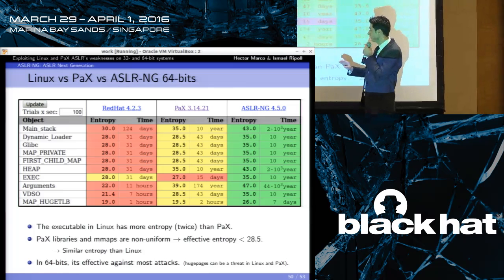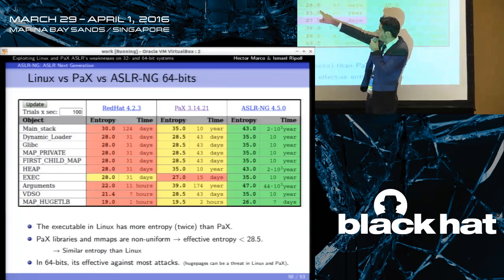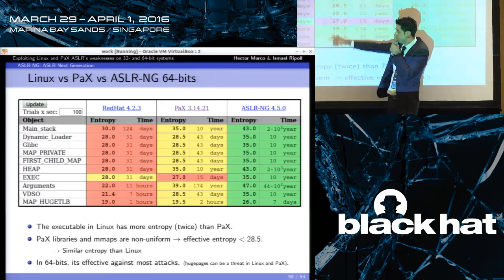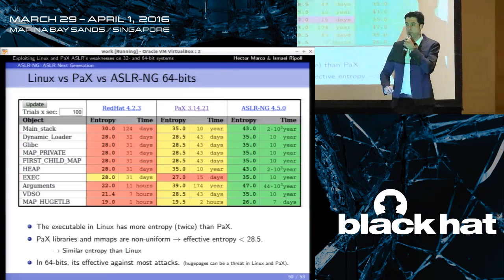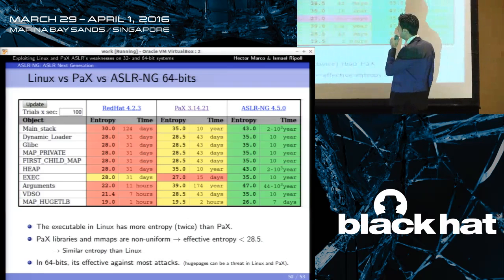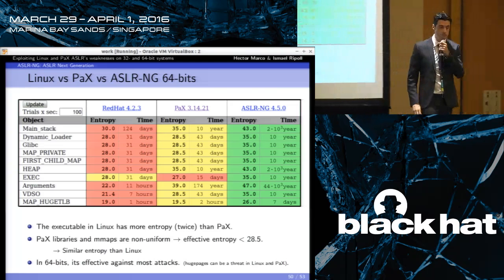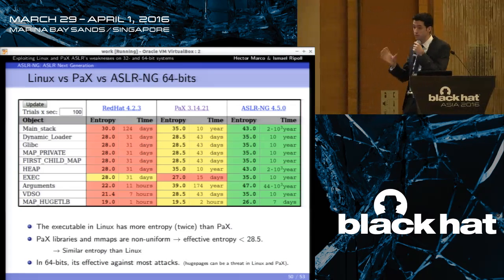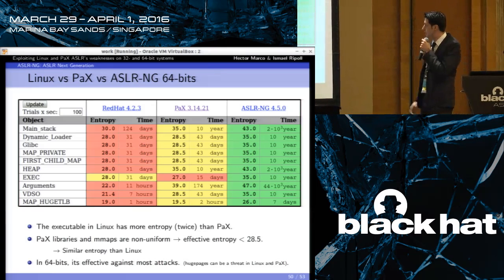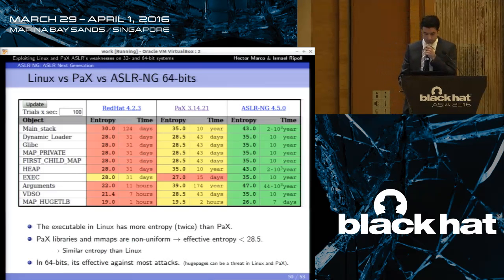But, okay, PaX has half a bit more entropy in libraries. We can say that because of the non-uniform weakness, they have less than 28.5 bits of entropy. So in the end, it's quite similar to Linux. But if you are focused on the executable, then Linux is better than PaX, twice.